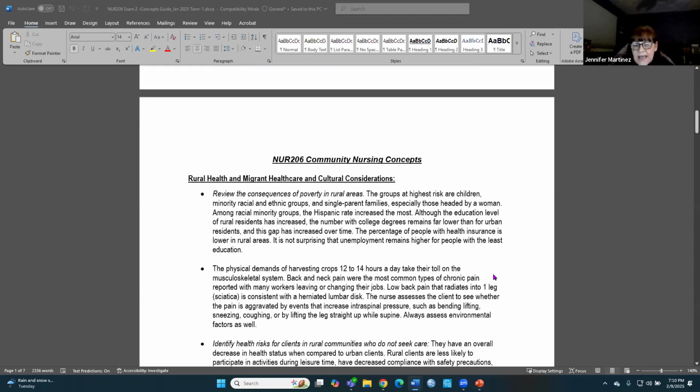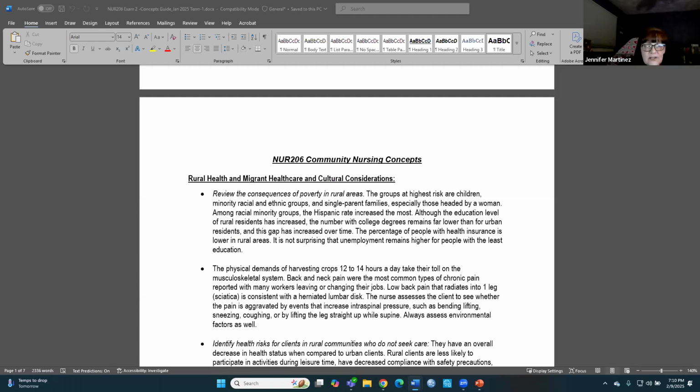Looking at insurance rates as well. Remember, those in the rural areas may also have decreased availability of health insurance. They don't always have the occupational health or other things that are offered in bigger companies.